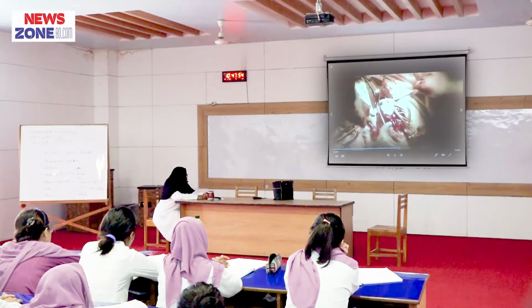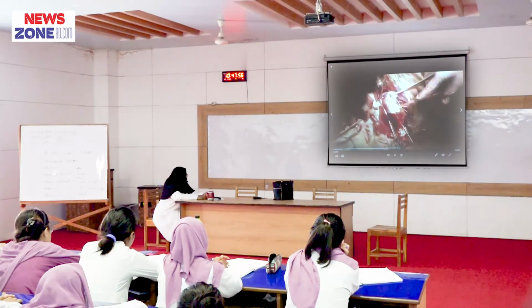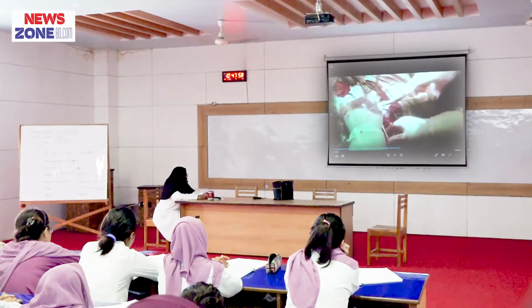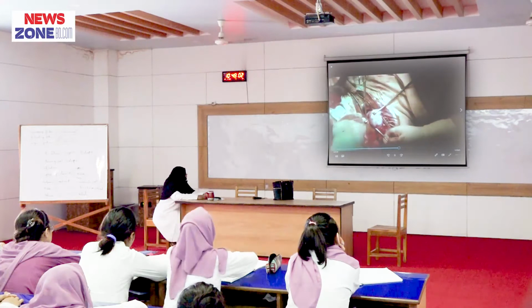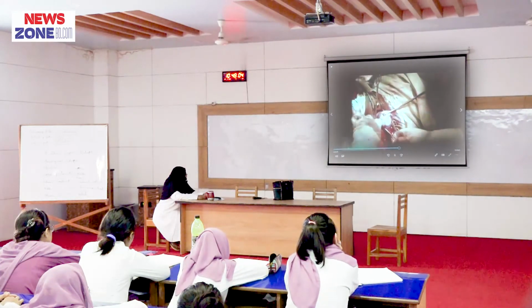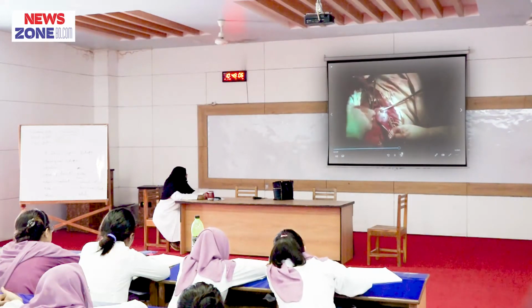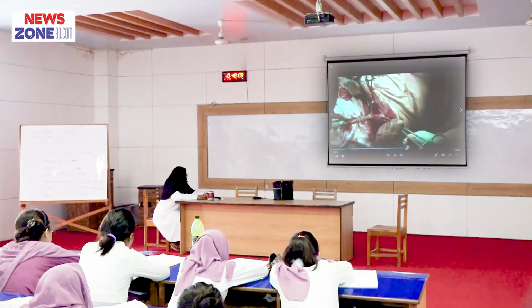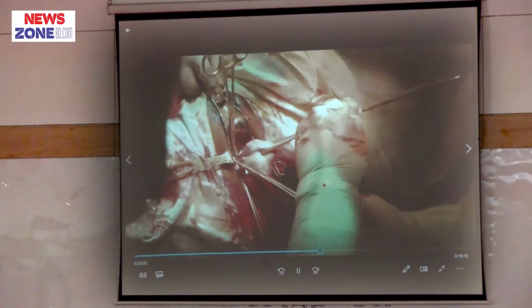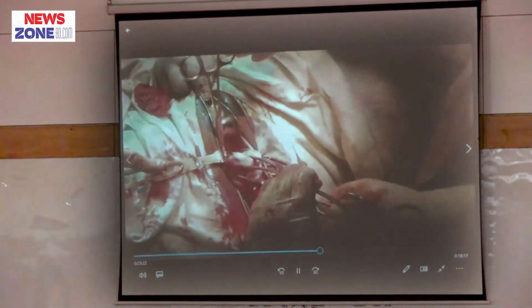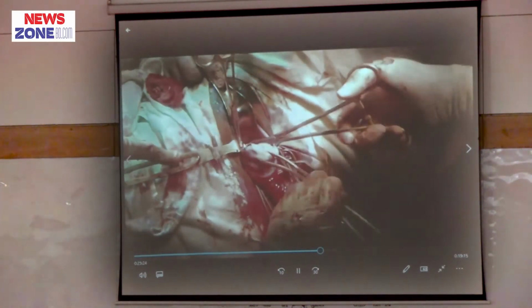Uterus, fundus. Okay. You see how long this uterus and cervix are? And this is the fundus, this is the body of the uterus. So the third clamp is the broad ligament, anteriorly the round ligament, and the ovarian ligament.